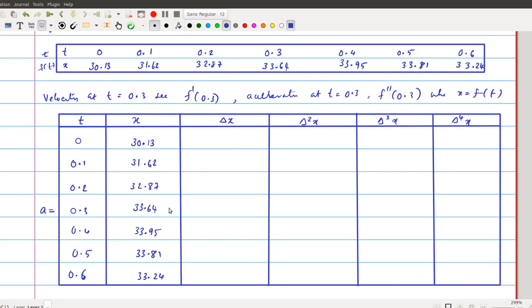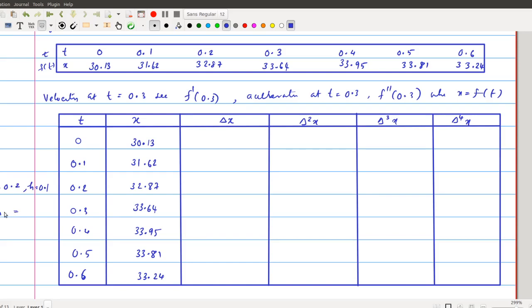This is our a, so we set a is equal to 0.2. This is not a, this is in fact a plus xh. So this is our a plus xh, and then a is equal to 0.2, and our h is equal to 0.1, the spacing is 0.1.